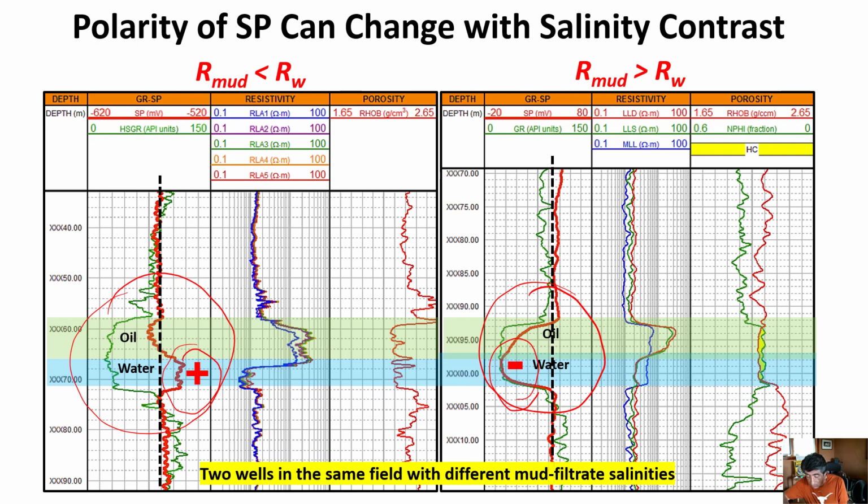Because in one case, here, the salt concentration in the formation water is higher than the salt concentration in the mud. And the opposite is here. And why so? Because the drilling muds were different in the two wells. Both were water-based mud, but their electrolyte concentration was different. So polarity is very important and reflects the differences in salt concentration between the mud and formation water.